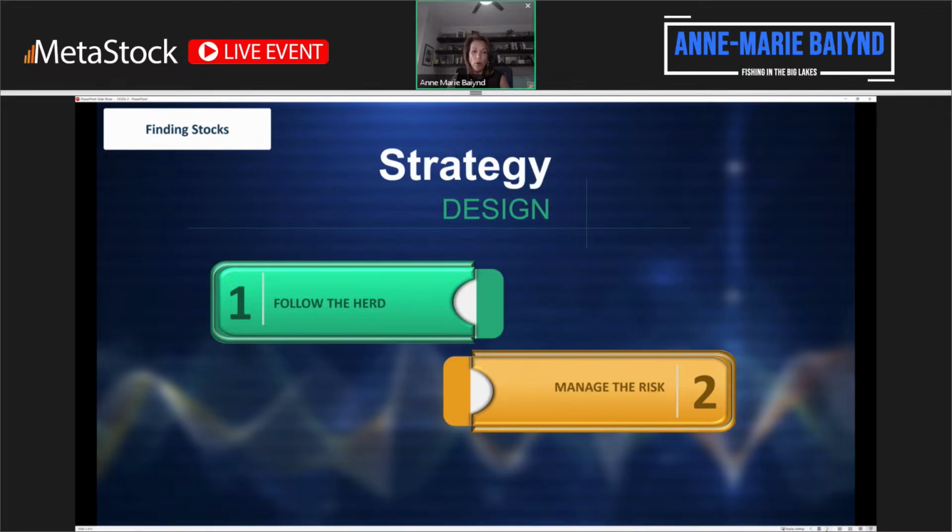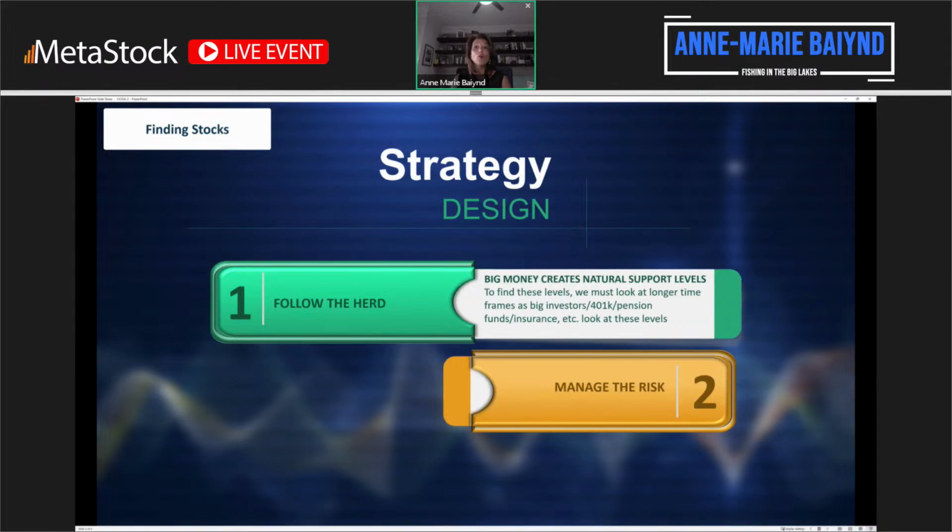In order to enter the market and use our MetaStock platforms and all of that, we do have to have a strategy design. For me, when I say follow the herd, I mean the herd of big money. And big money is going to say, hey, listen, if I lose this level, we're going to get out and we're going to rotate into X, Y, or Z. And those are going to come at very important levels. They're going to say, here's what a 10% fade looks like.